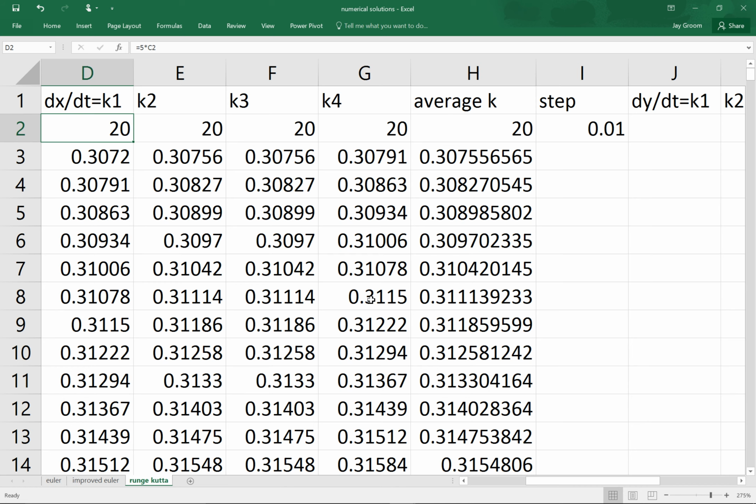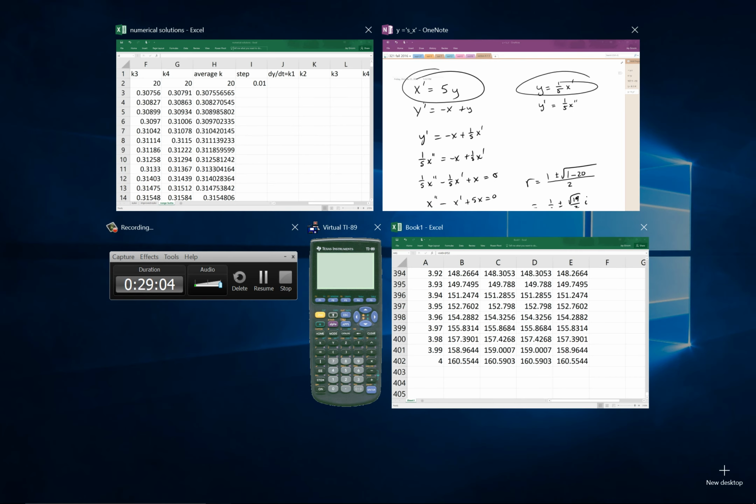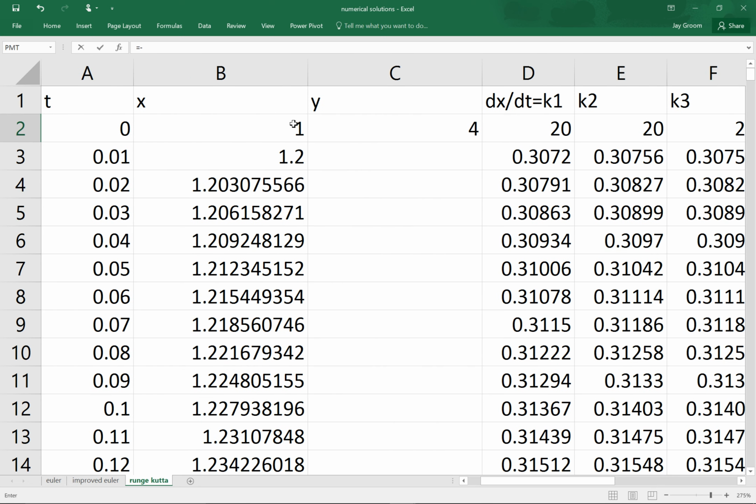Okay? Now, let's start doing our dy/dt's here. So what is dy/dt? dy/dt is negative x plus y. So I'm going to go equals negative x plus y.